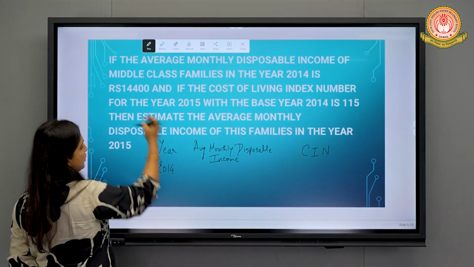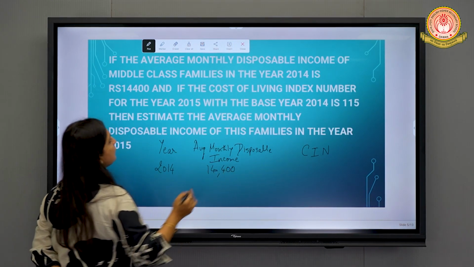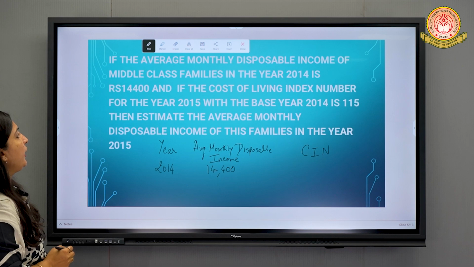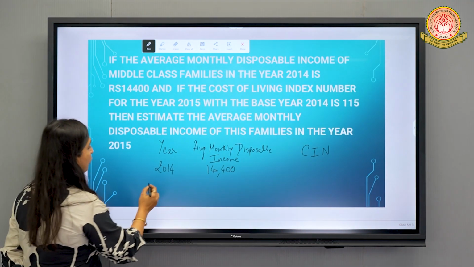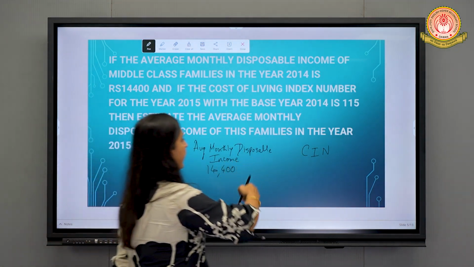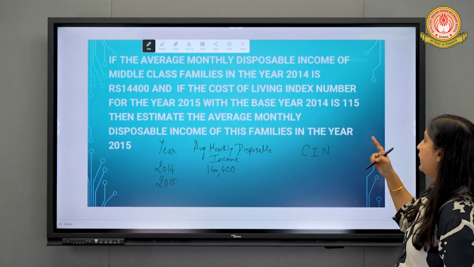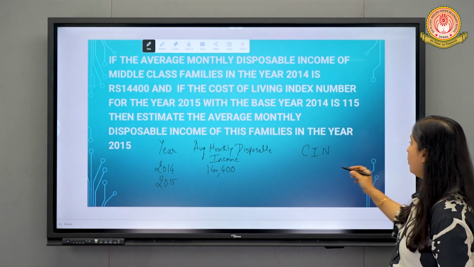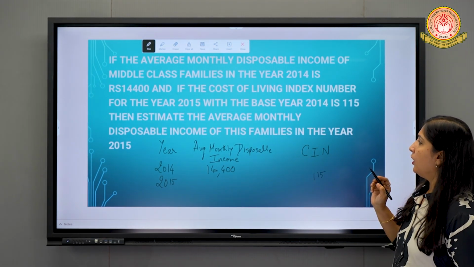2014, average monthly disposable income was 14,400, and the cost of living index number for the year 2015 has increased to 115 with the base year.